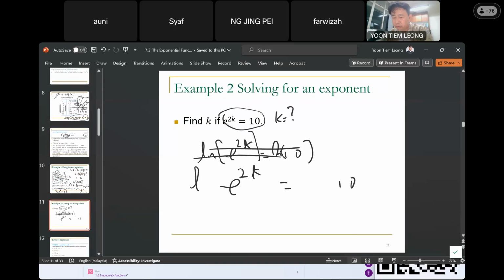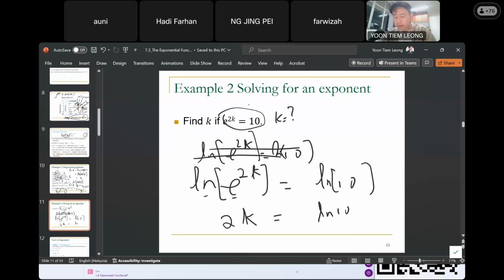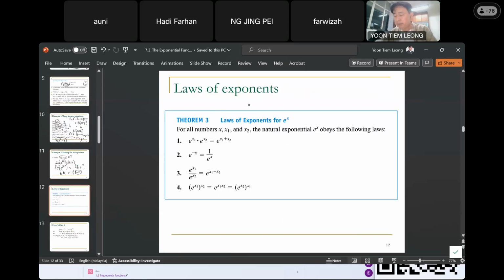If you take the log of both sides, then this is what you get. The log of e power 2k is just equal to 2k. So this is just 2k equals ln 10, and then k is just equal to half of ln 10. Right, so ln 10 is a log of 10, which you can check from the logbook or from the calculator.